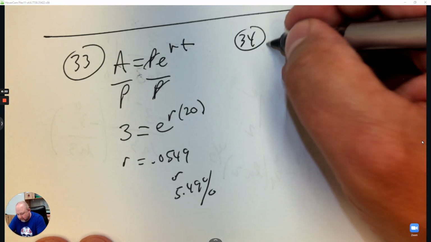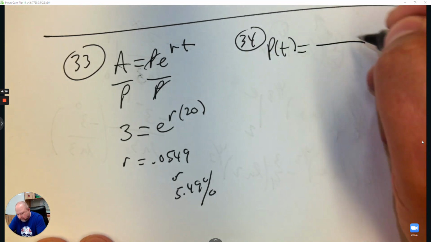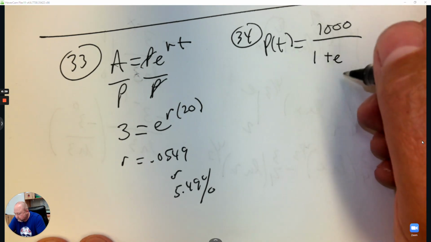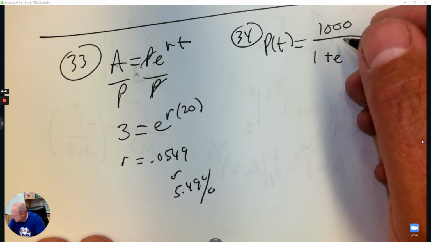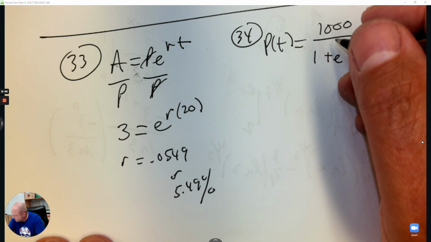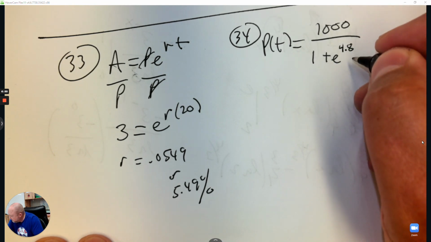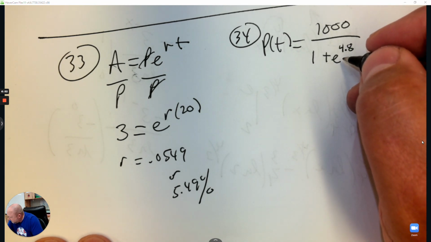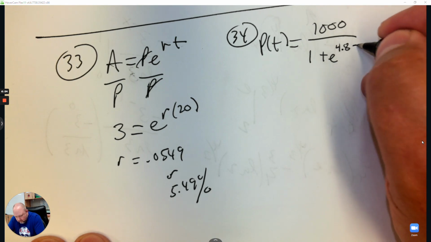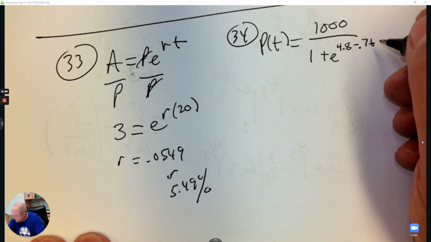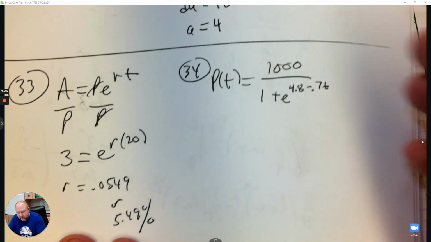A population of, this is a logistic equation. Remember those? Now, this is kind of awkward looking.